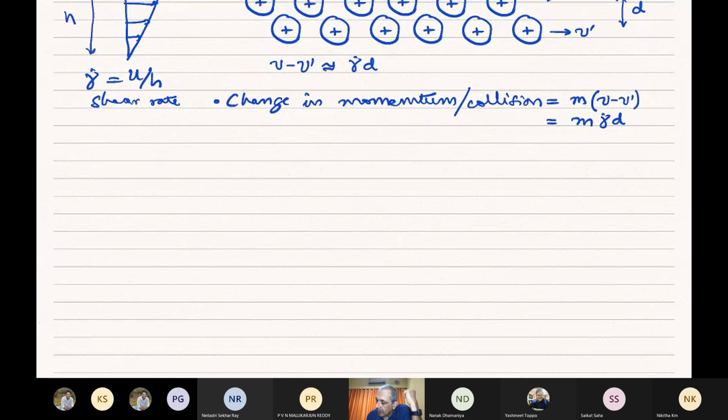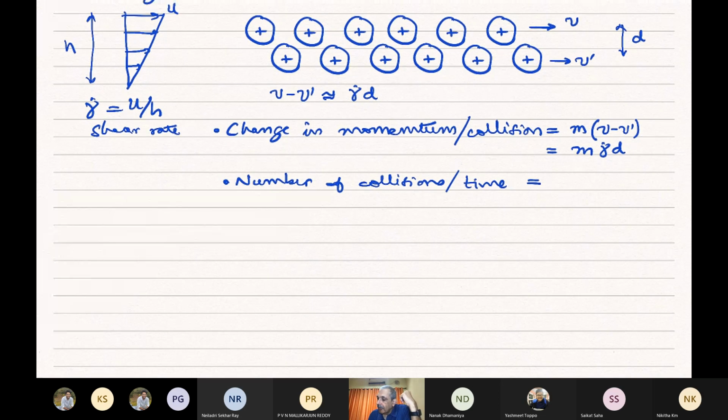And then the second thing that he mentioned is, if you imagine these particles, how many collisions will they be experiencing? So if you look at the number of collisions per unit time, then this is going to be given by 1 divided by the time, because the distance between the particles is d, and the difference in velocity is gamma dot d.